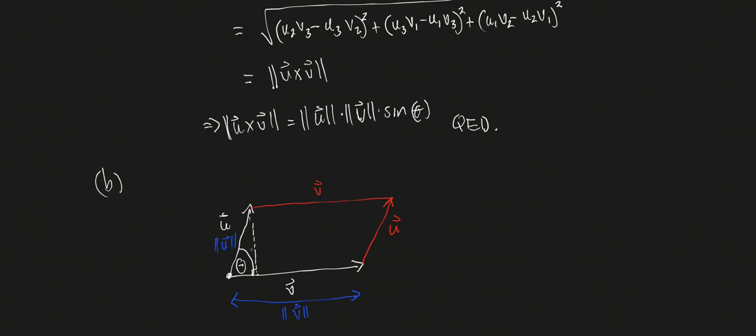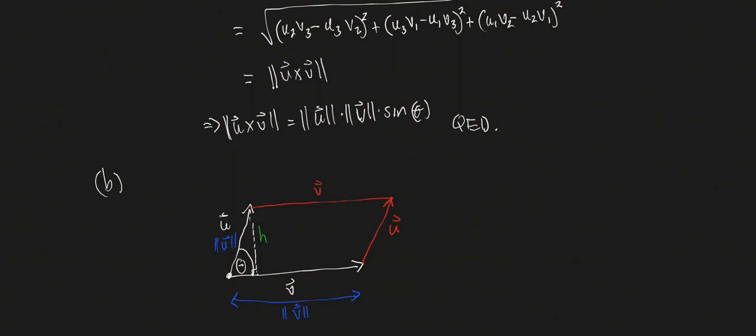So let's see if I can figure out what this height is. Let's call it H. Because it's a right triangle, I can use a trig ratio. When I have my angle here, H is the side that's opposite to the angle, and the magnitude of U is the hypotenuse.